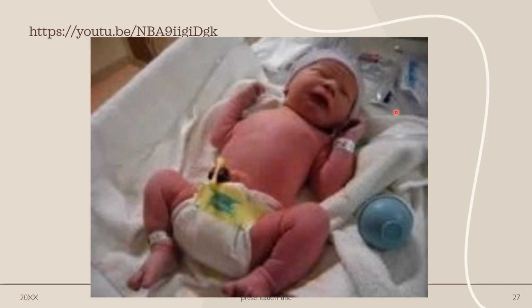Can't quite make out if there's some nasal flaring here or not. But this baby looks pretty big, right? This baby probably is close to term or is term. And that baby, if we got an x-ray, based on those few things that we see in that video, that baby probably has some TTN.